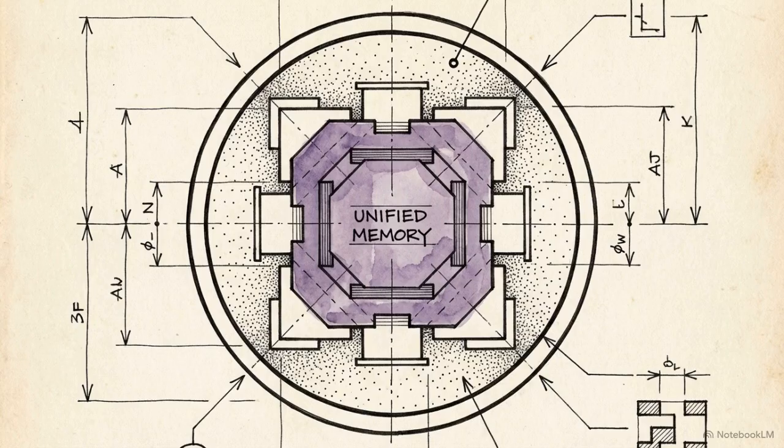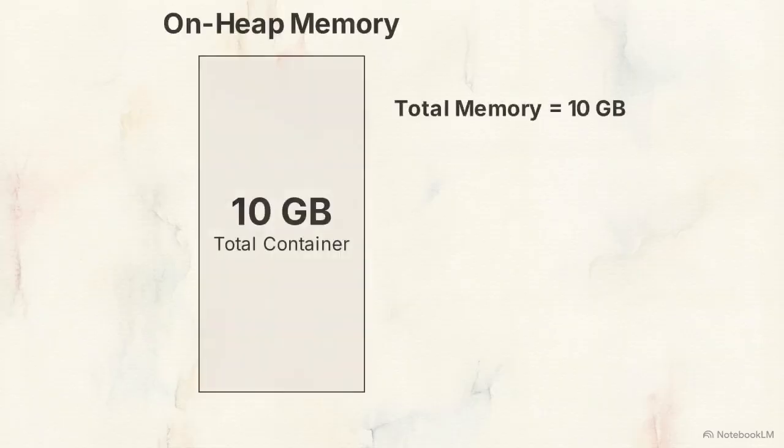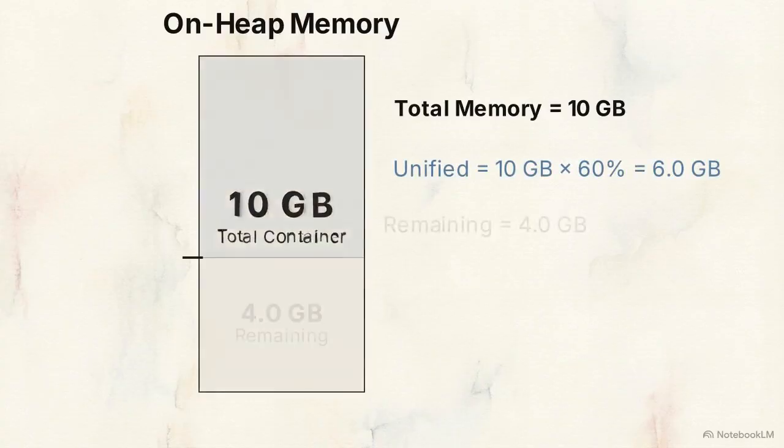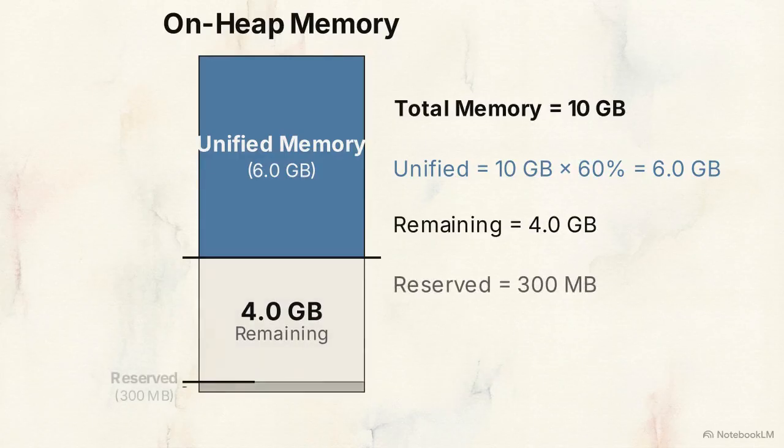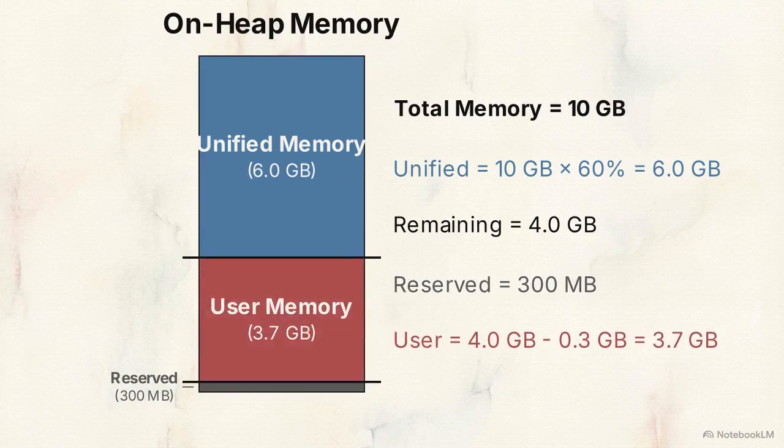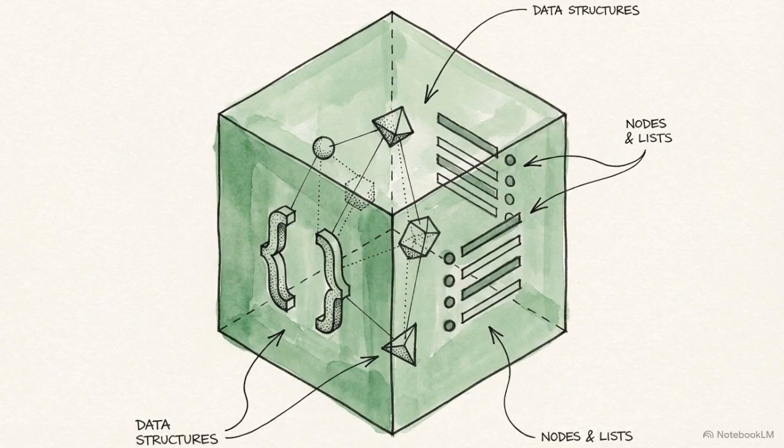This determines the size of your core processing area, known as unified memory. Applying this 60% default rule to our 10 gigabyte configuration carves out a 6 gigabyte chunk dedicated to unified memory. Subtract the 300 megabytes of reserved space from the remaining 4 gigabytes, and 3.7 gigabytes becomes your user memory. User memory strictly stores the user-defined data structures, dictionaries, and custom functions you write into your application.